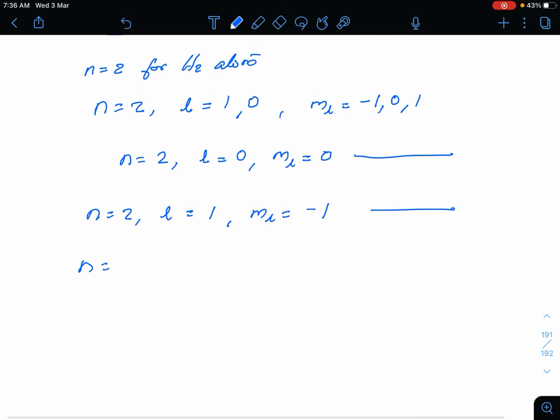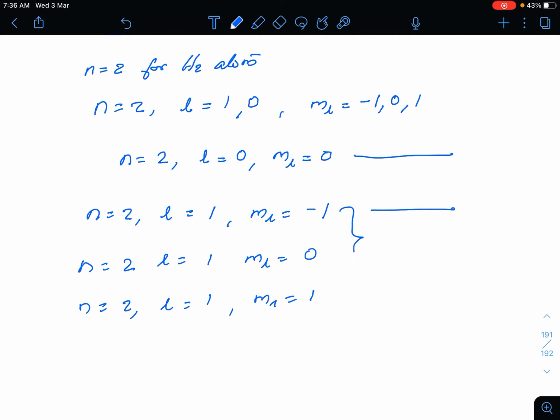Then n is equal to 2, L is equal to 1, ML is equal to 0, and n is equal to 2, L is equal to 1, ML is equal to 1. So we have 4 states, alright. This is the fourfold degeneracy for the n is equal to 2 state.